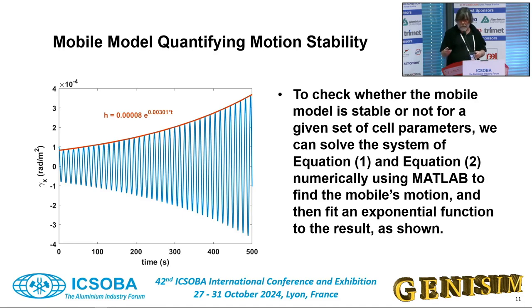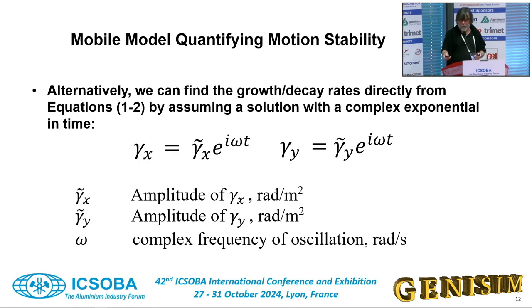Now, next point is that if you solve the two equations, depending on the setup you're going to get a growth like I'm getting here, and then you can fit this growth to get the growth rate. But this year we're doing differently. We're doing a linear stability analysis, so we're assuming this behavior here, exponential growth with this omega that is a complex number.